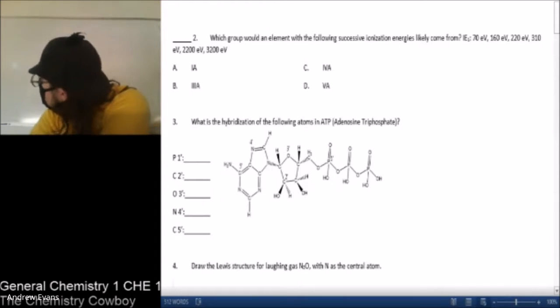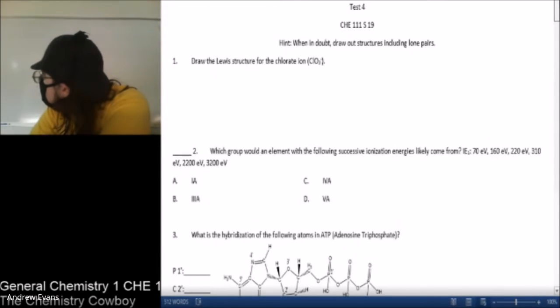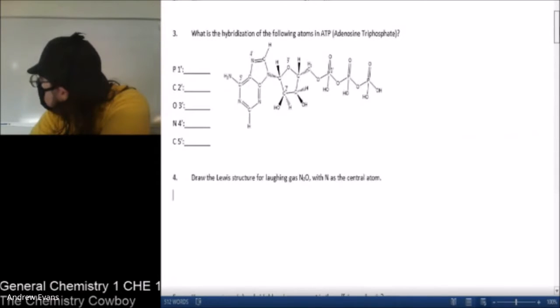One of the hints I gave them at the very beginning was, when in doubt, draw the structures including the lone pairs. Don't forget, some of these structures don't have the lone pairs drawn on them. So that oxygen has 4 things coming off of it. 2 bonds, 2 lone pairs. It's also sp3.